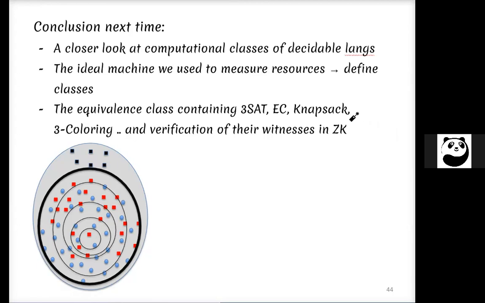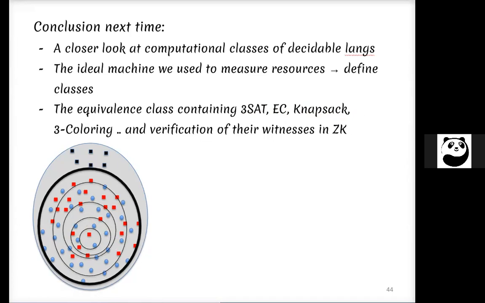And we will end where we started, where we talk about this class of problems. We're going to define it first as the infinite set of problems that a machine able to pick a fork in the road can solve in polynomial time.